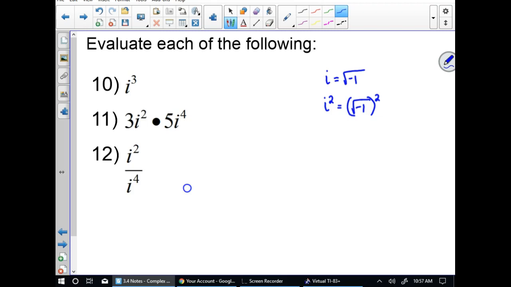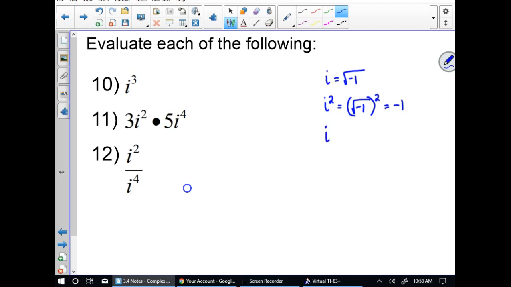It's not going to just be 1. It's not going to have an i in it. What do square roots and squares do? They cancel each other out. So if they cancel each other out, then I'm just left with negative 1. So i squared equals negative 1. I squared is actually not an imaginary number. It doesn't have an i in it at all. It equals negative 1. Okay?